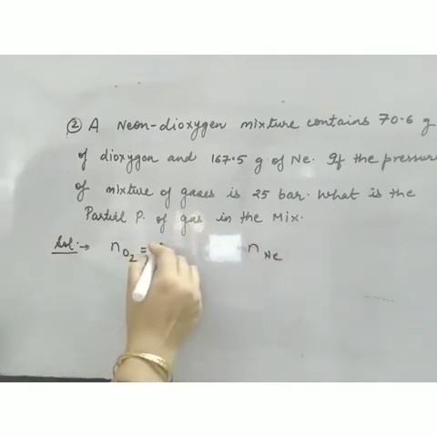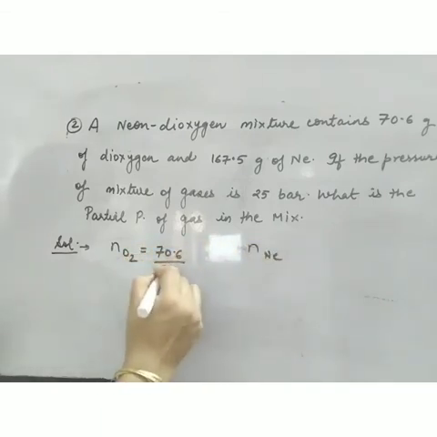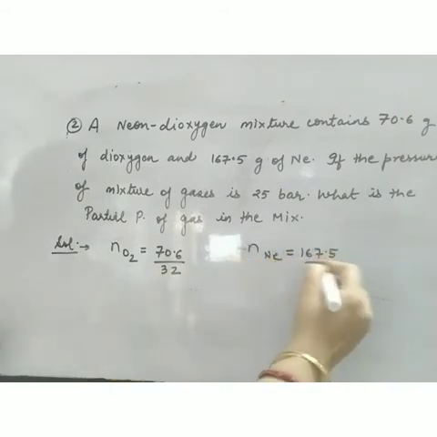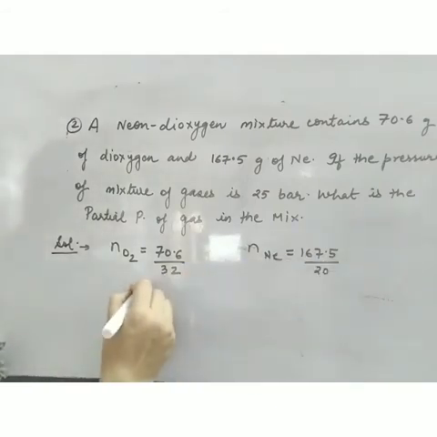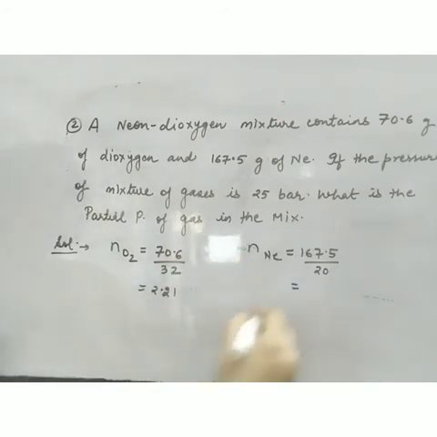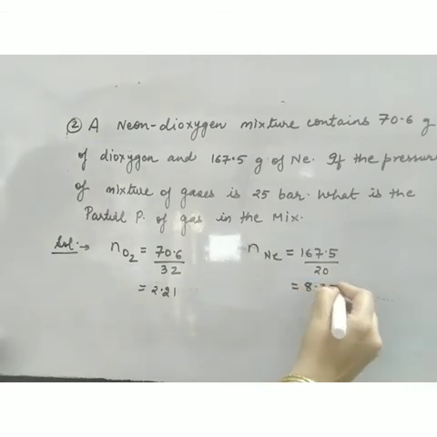Oxygen is 70.6 and molar mass is 32. Neon is 167.5 and the molar mass of neon is 20. So we have calculated the moles.